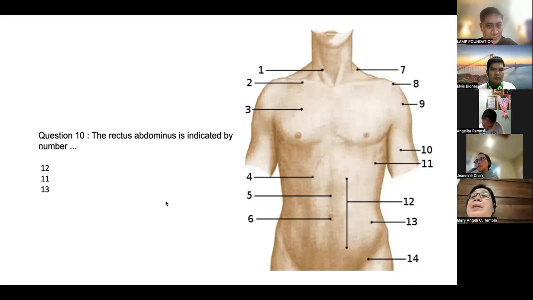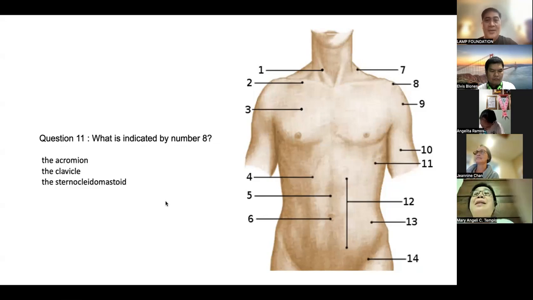Rectus, it's straight. Rectus abdominis. Straight. 11? This is serratus. No, this is rectus. Wrong. Yeah, it's 12. Okay. I'm not sure. Sorry.